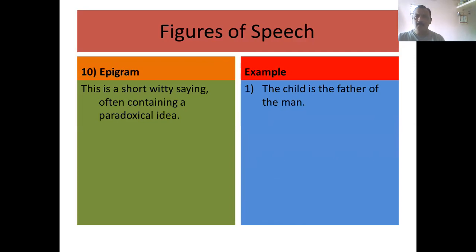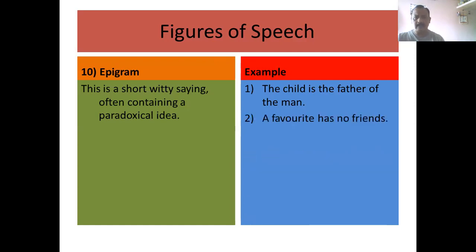But when we go deeper and try to guess the meaning, we can understand that the child has a kind of capacity that the father does not have. At that time, such a child is said to be the father of the man. So it is an epigram.